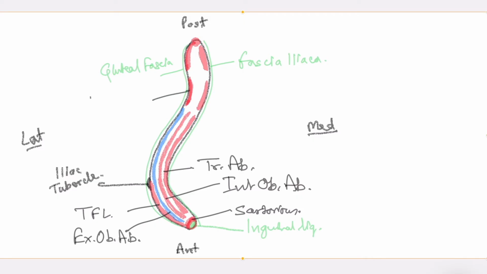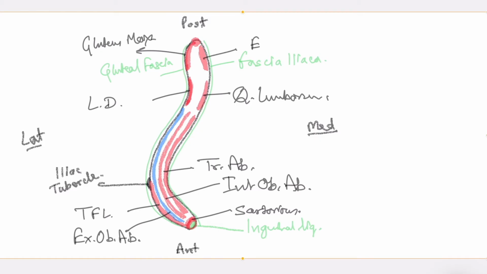This is latissimus dorsi. This is quadratus lumborum. And this is gluteus maximus. And this one is erector spinae. This is posterior superior iliac spine. So remember, what arises from posterior superior iliac spine is gluteus maximus. From anterior superior iliac spine is sartorius, and there is attachment of inguinal ligament.